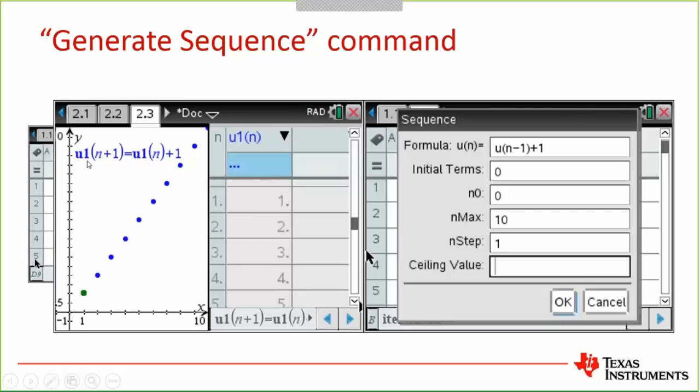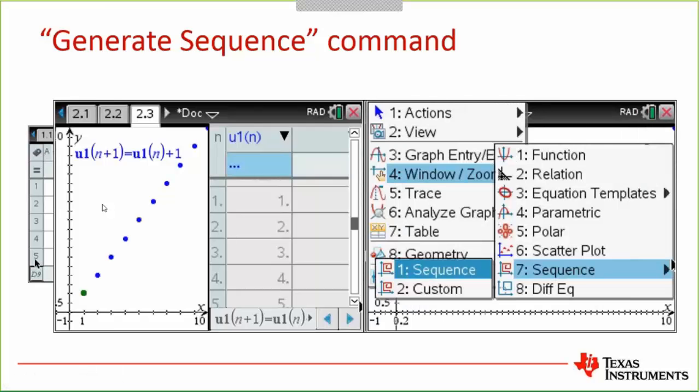If you're wondering about this U1, the number 1 simply refers to the first sequence that has been defined in this particular problem. I could go back and hit Tab, where it will open up the entry line, and if I wish to type in another sequence, it would be called U2.